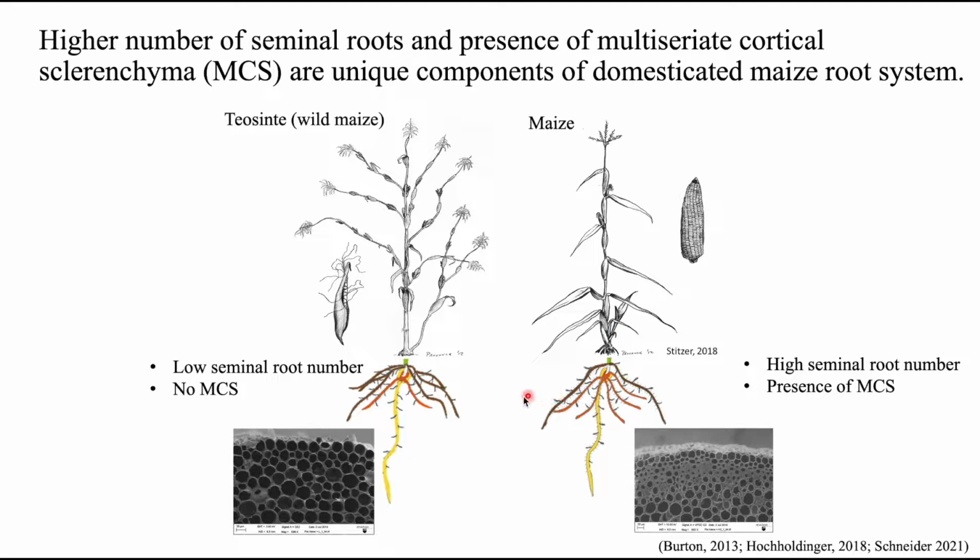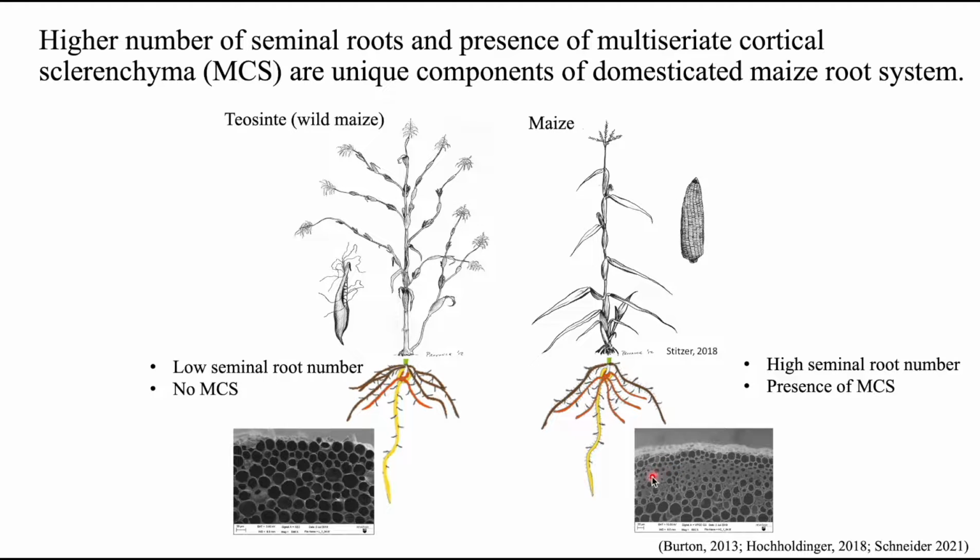So this is one of the differences between the root system of maize and teosinte, but also the work of Hannah Schneider in 2021. She discovered a new phenotype called MCS, or multiseriate cortical sclerenchyma. And this phenotype is characterized by the lignification of the outer cortical cells.